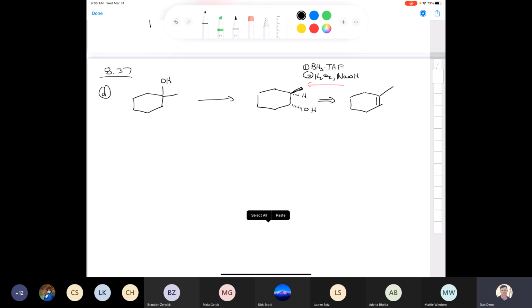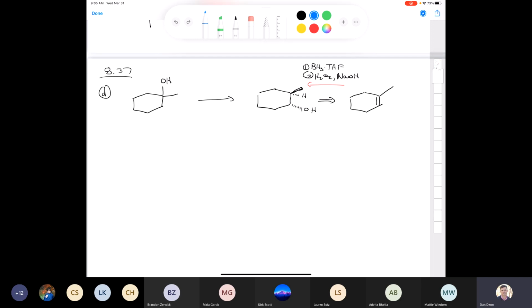Well, then the question becomes, how do I go from this tertiary alcohol to this alkene? Now, does anybody have a strategy that they might want to employ to do that? There's a couple of different ways to do it based off of what we've learned in class. Exactly.